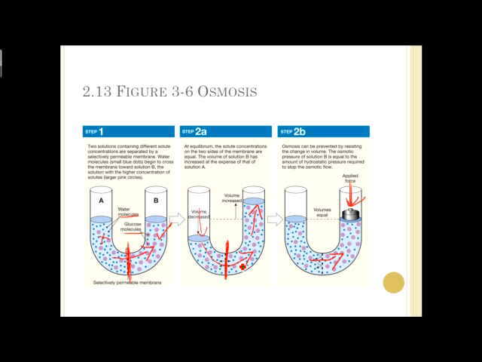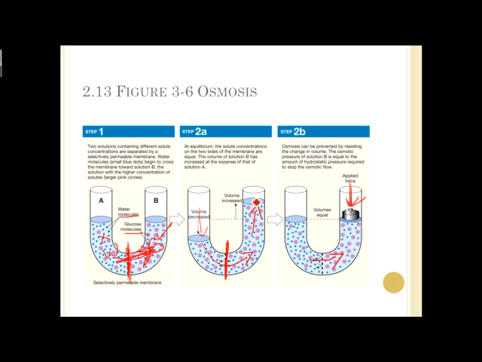Again, from everybody's perspective, the solutes are going to move from an area of higher concentration to an area of lower concentration. The water is going to move from an area of higher concentration to an area of lower concentration. In step 1's point of view, there was more water on this side than there was on this side with the glucose, so the water moved in this direction.